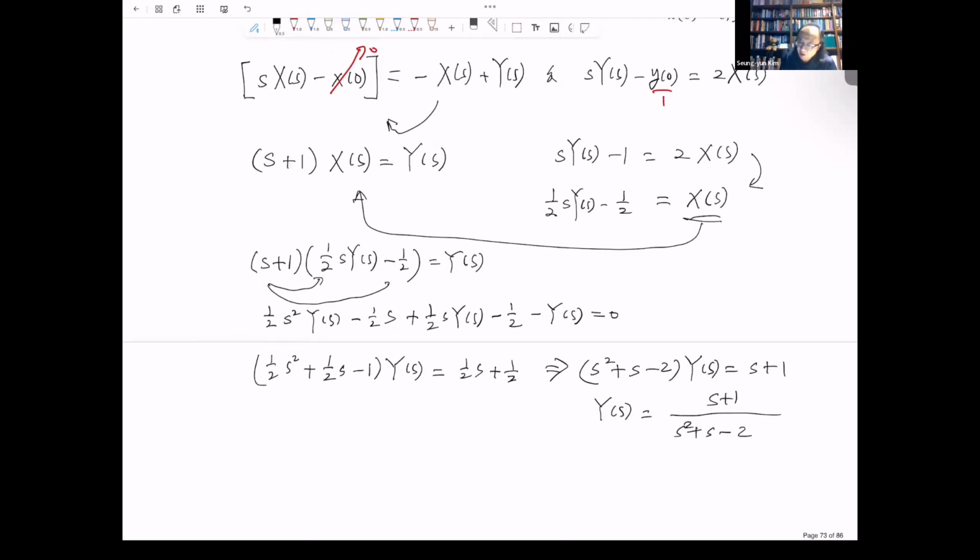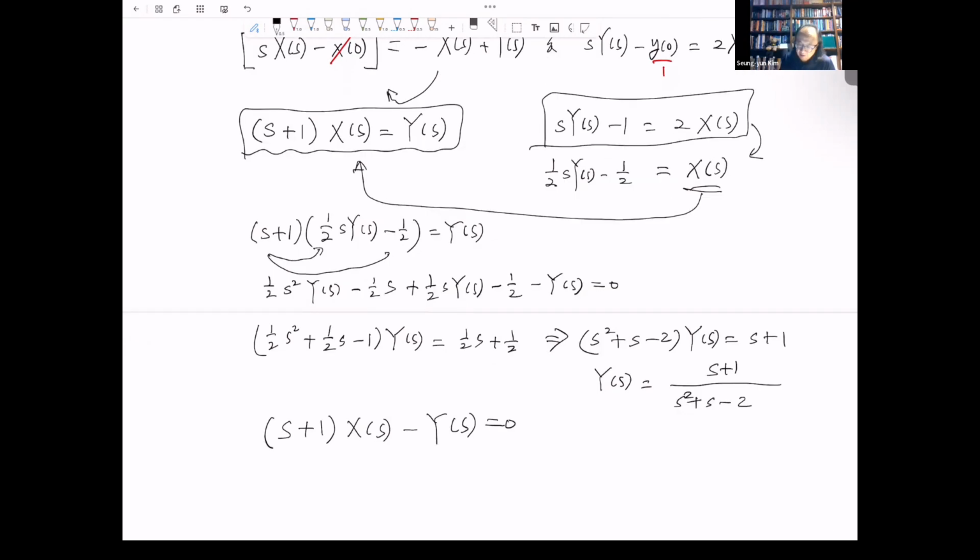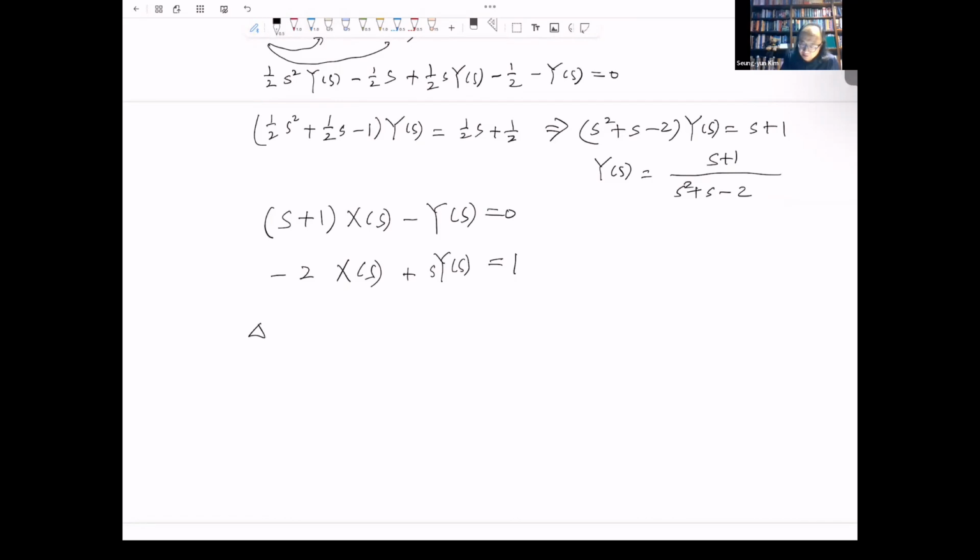Once we have this, the first equation is (s plus 1) X of s minus Y of s equals 0. And then the second one, negative 2 X of s plus s Y of s equals 1. We want to find the delta.